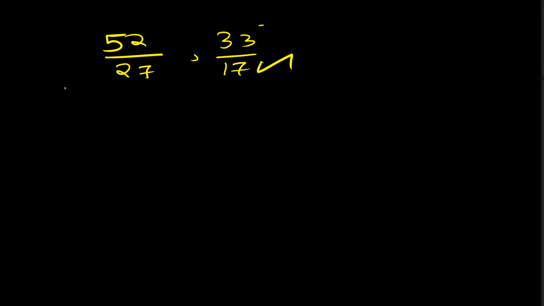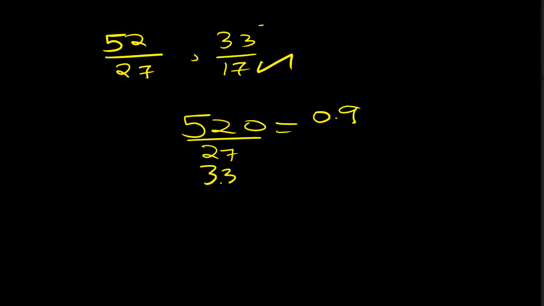So B is greater. But see again, if I calculate for this number, 520 divided by 27, if I do it this way only, I can find the answer. Then I'll be getting 0.9. And 33 means 330 divided by 17.